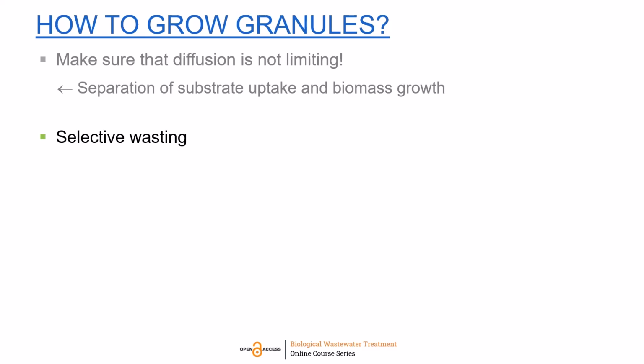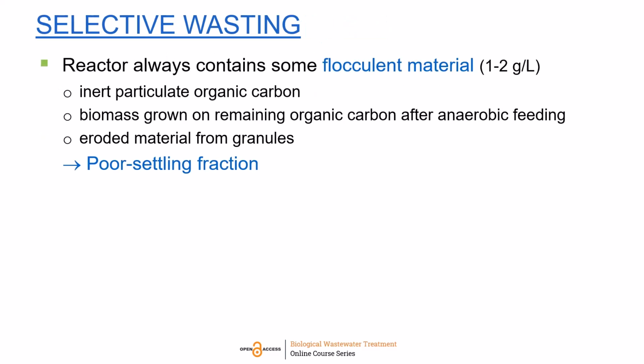Another important selection pressure is selective wasting. Selective wasting is based on the observation that the reactor always contains some flocculent material, besides granules. The flocculent material consists of inert particulate organic carbon, biomass which is grown on organic material that remains after anaerobic feeding, and of eroded material from the granules.